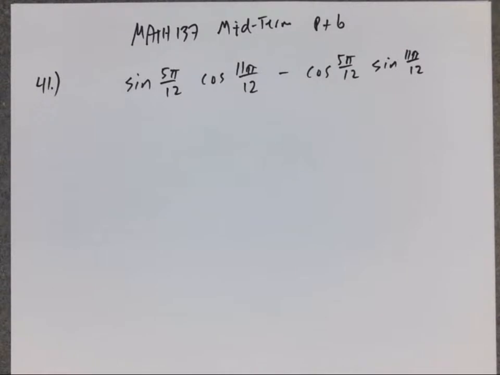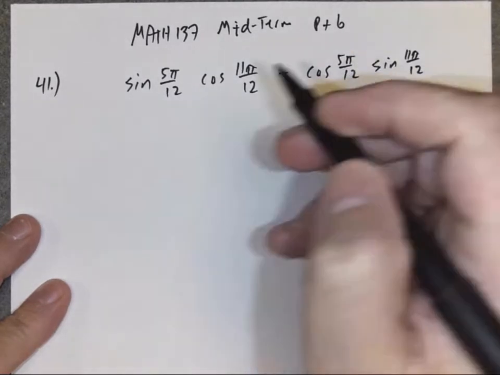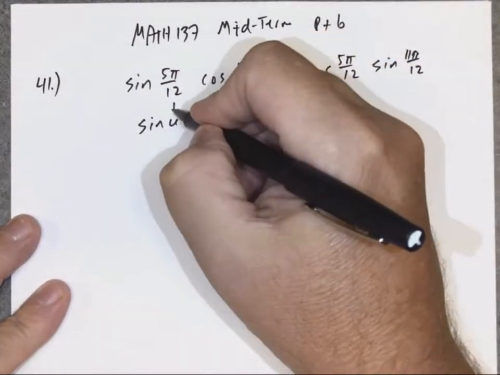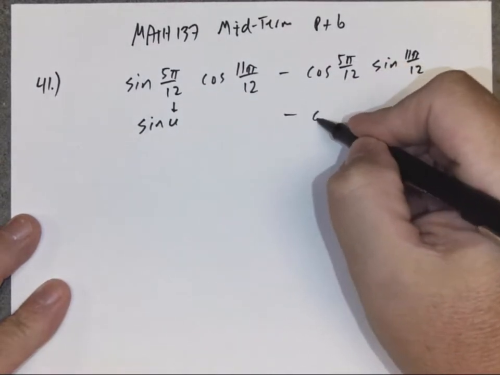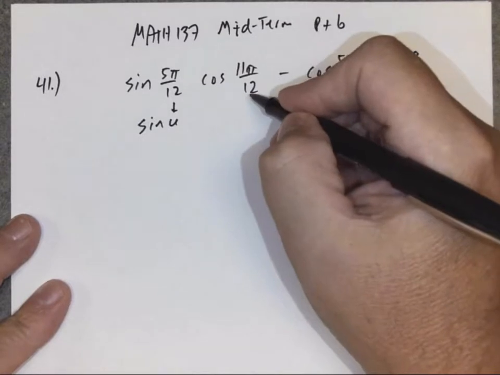Now the whole key to this is we're actually going to use the sum or difference formulas backwards. In other words, I got a 5 pi over 12 here and a 5 pi over 12 here. Let's call the 5 pi over 12 u. I got 11 pi over 12 and 11 pi over 12, let's call this one v.